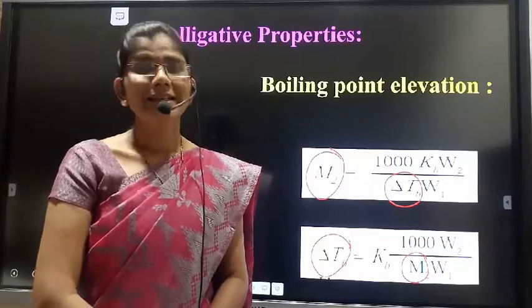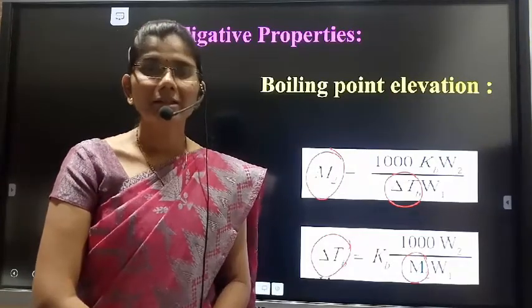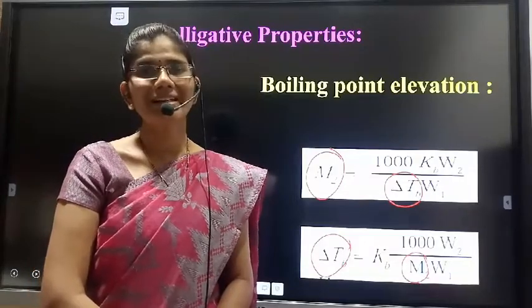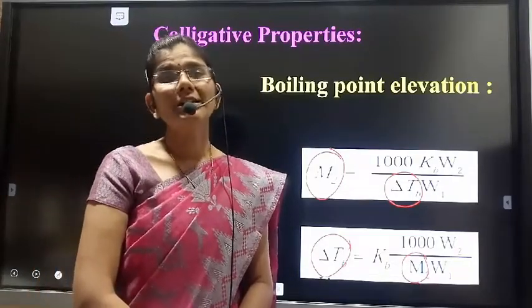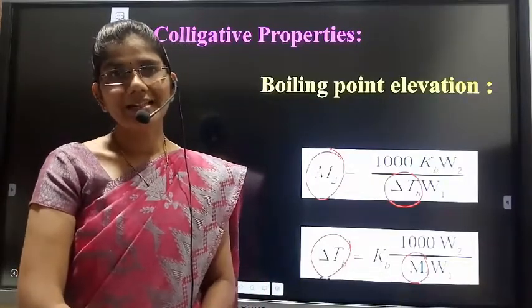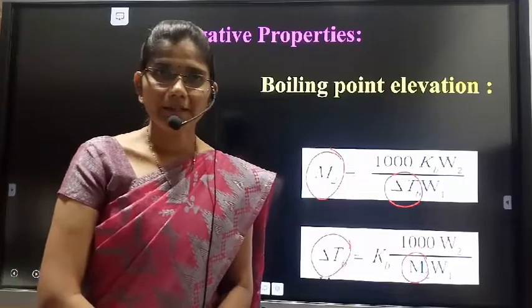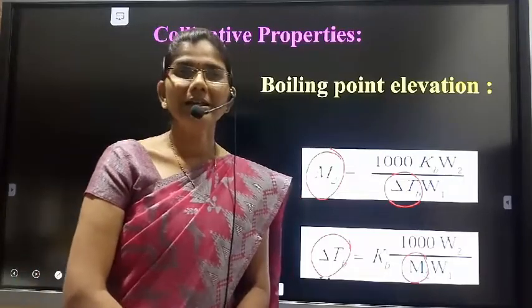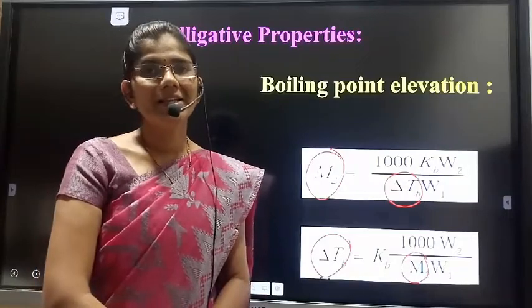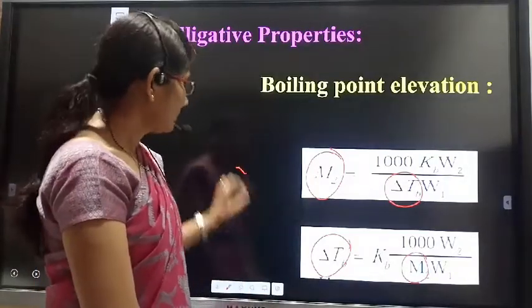Therefore we have to prove that boiling point elevation is a colligative property. So here we have done our second colligative property, that is elevation in boiling point.